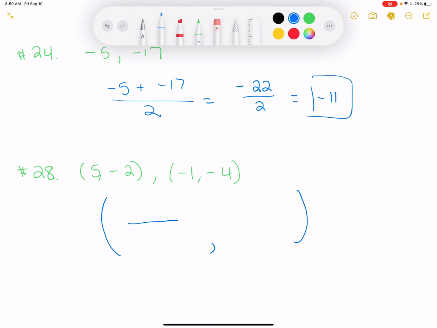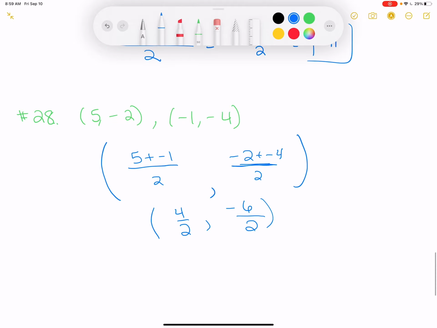So I'm going to do the midpoint between the x's and between the y's. Between the x's, I'm adding the two x points together. So 5 plus -1 and -2 plus -4. So that's going to be 4/2 and -6/2.